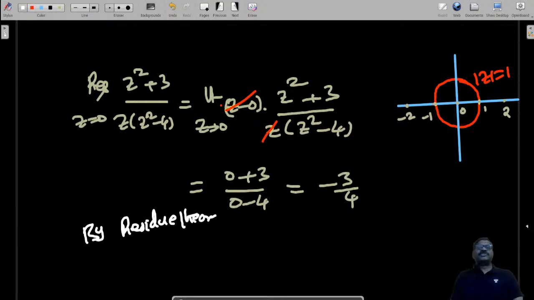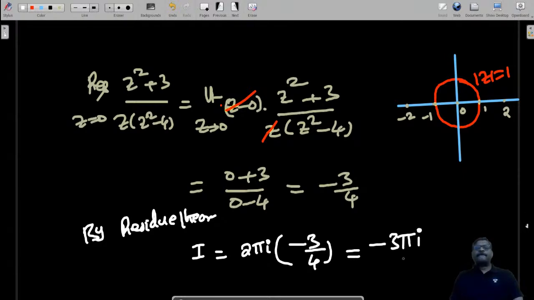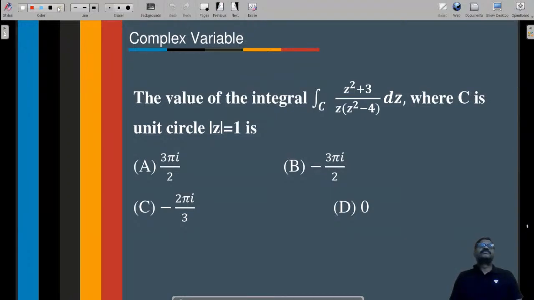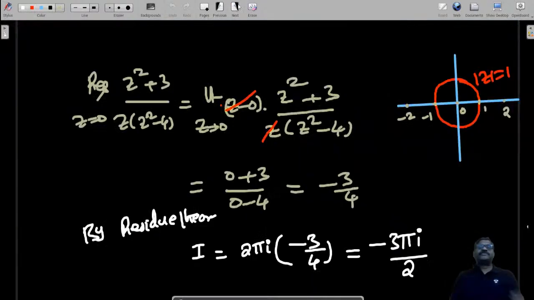By Cauchy's residue theorem, the value of the integral is 2 pi i into minus 3 by 4, that is minus 3 pi i by 2.